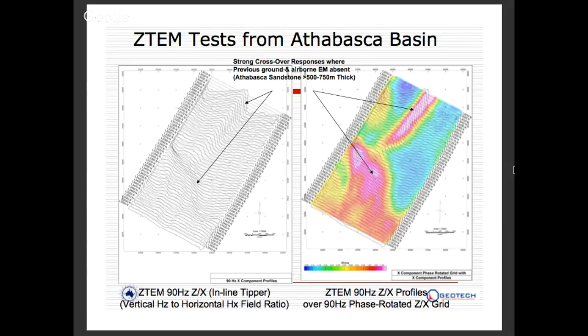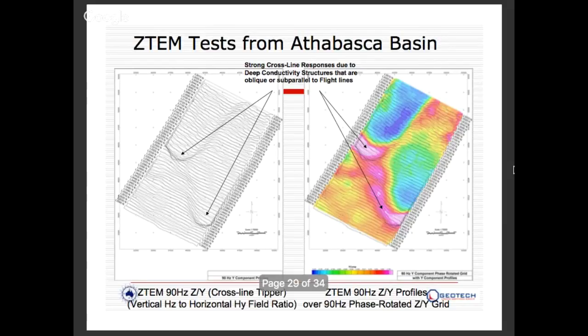And now we can see what we got on the field. On the field, we have the change of phase here. We have it here. The crossover is here. Very strong crossover response. And again, we have very strong crossovers here.